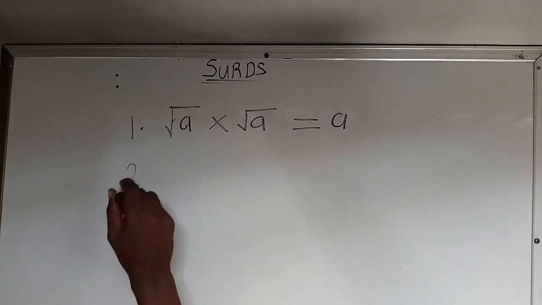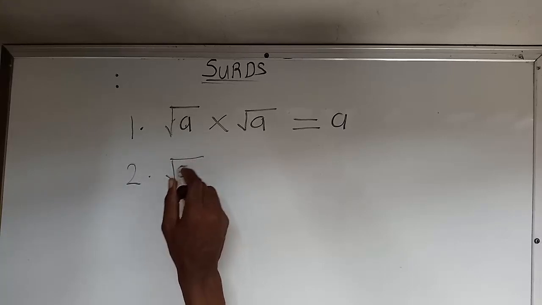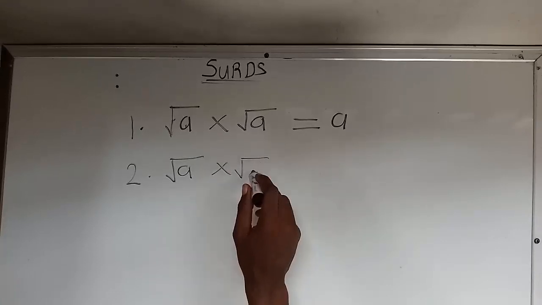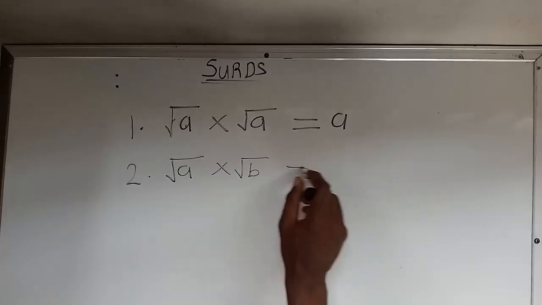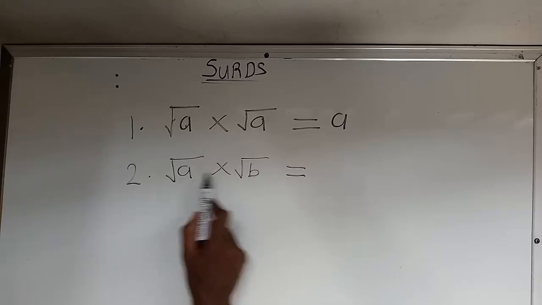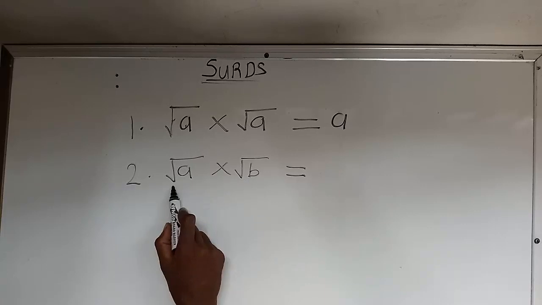Now the second rule, if you have square root of a times square root of b, to simplify this set, you just have to give the two sets one radical.